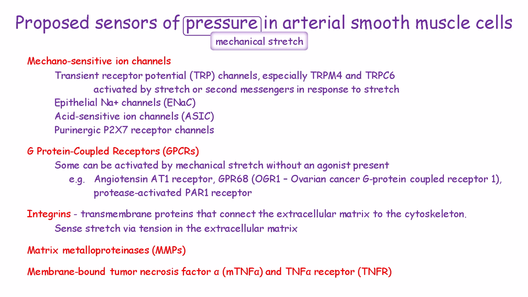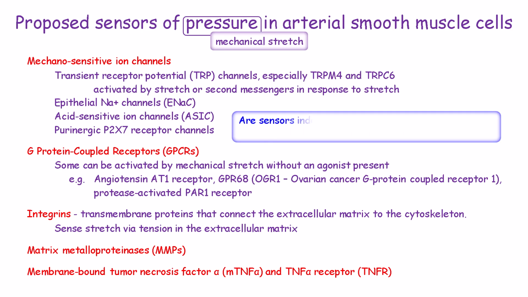This all gives a picture of multiple contributors and complex processes leading to myogenic tone. But we don't yet understand the significance of all these sensors. For example, do they operate independently, or do they link together in unknown ways? Or is there differential expression of sensors in different vascular beds, mediating different mechanisms?